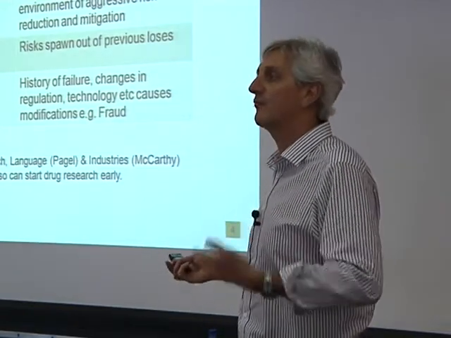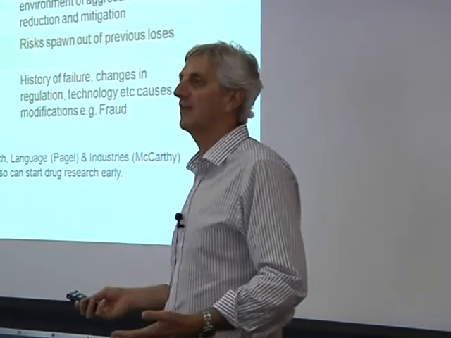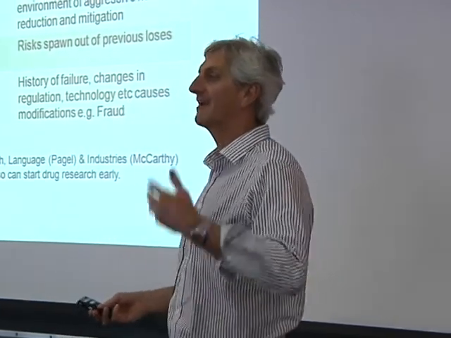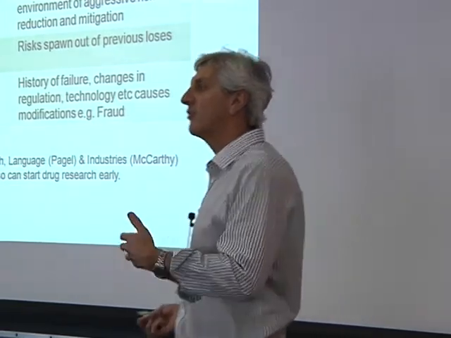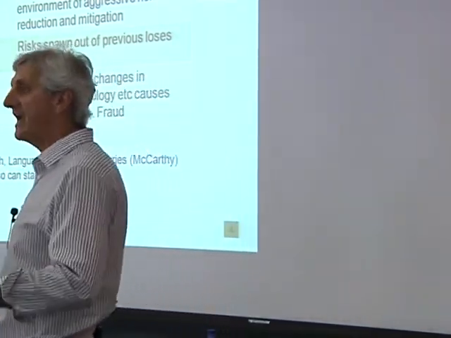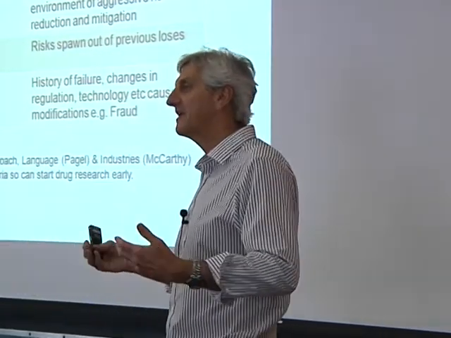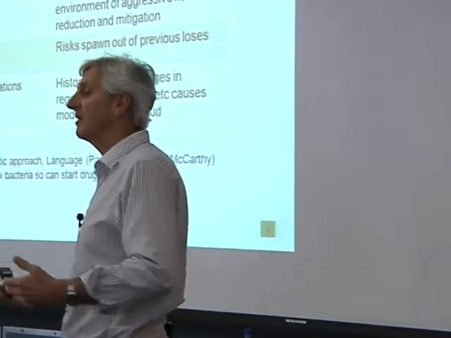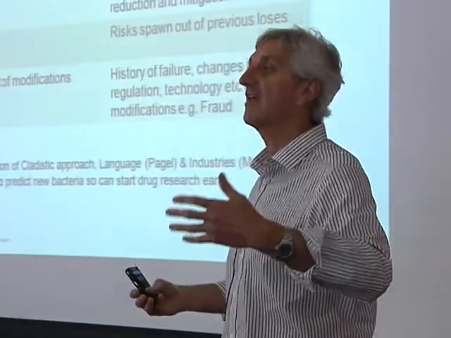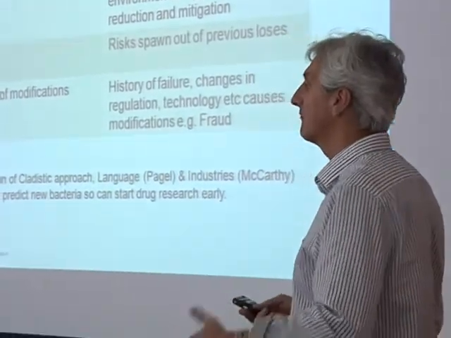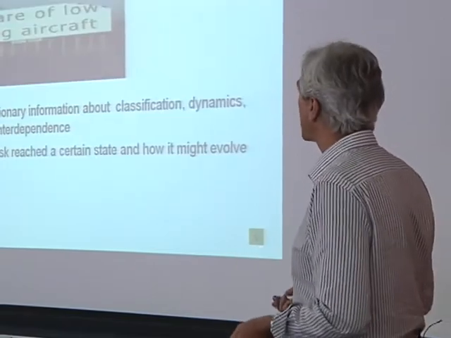And clearly this has come from the biological sciences, where the software is actually evolving incredibly quickly. And they're even trying to use this in pharmaceutical companies now to predict from the DNA and the breakdown of bacteria into what might be new bacteria that emerge, so they can get a head start on the drugs research for those particular bacteria that they're anticipating emerging.